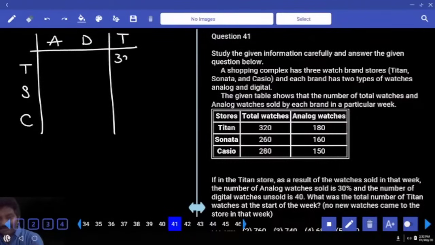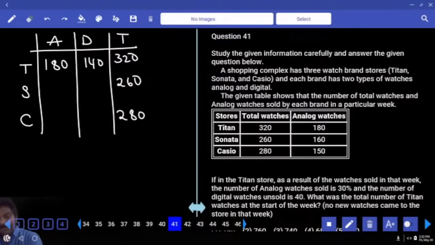Total we already have: 320, 260, 280. Analog watches 180, then digital 140. Then 160, 100. Then 150, 130.